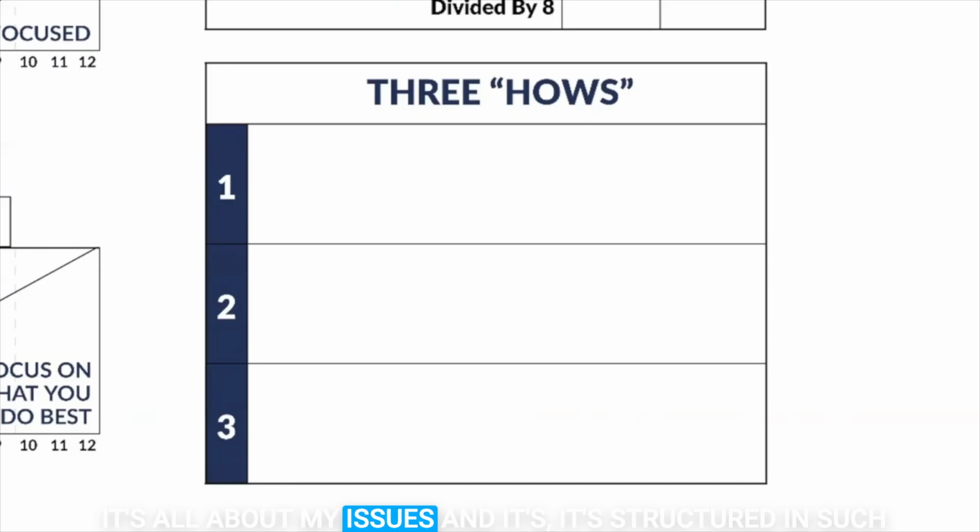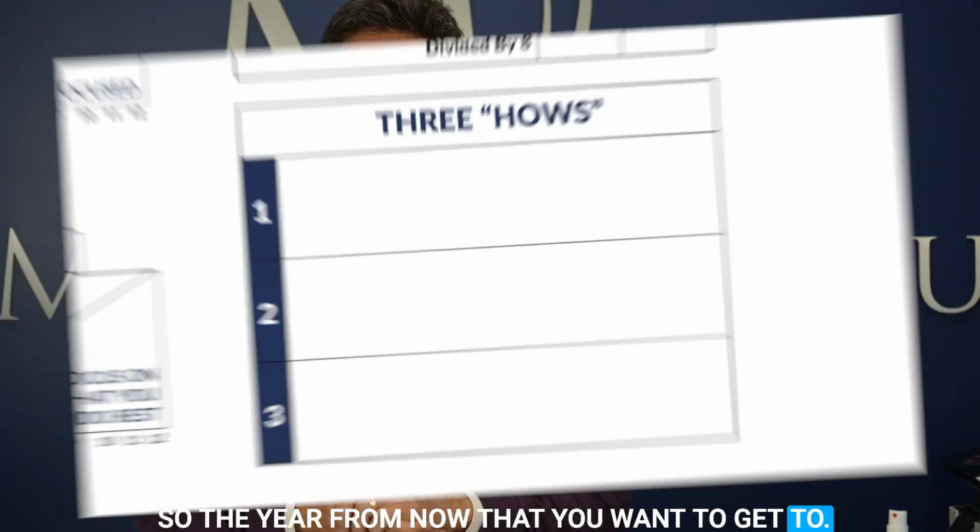It's all about my issues, and it's structured in such a way that differentiates you from your competition. These are just 3 of many examples of some hows, how you would do things to move forward. It's your turn now to identify the 3 areas based on this scorecard that will help propel your business to the year from now that you want to get to.